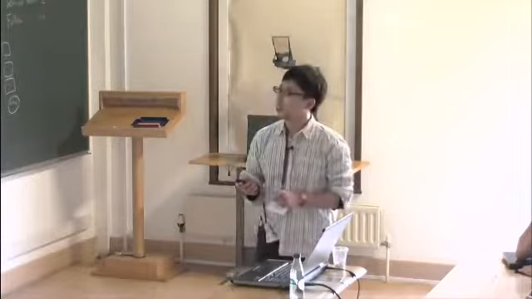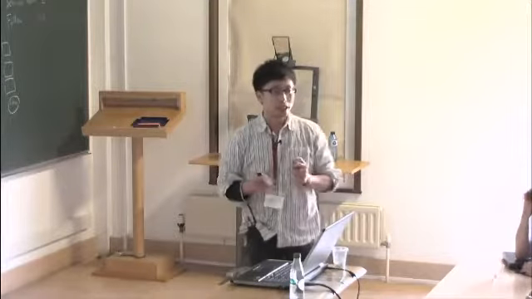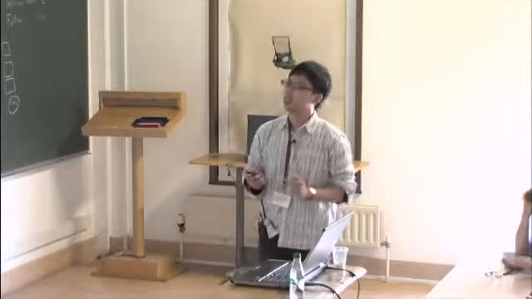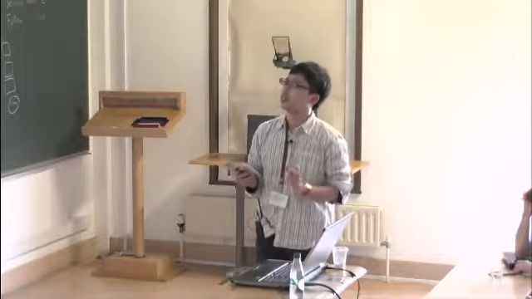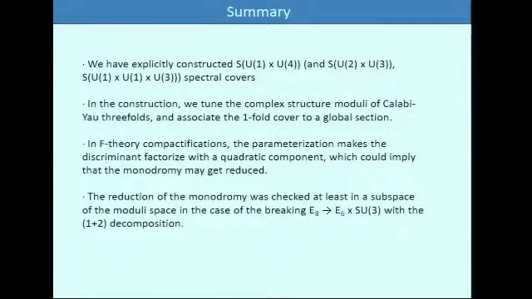So let me summarize. Here we explicitly construct spectral covers of vector bundles whose structure group is S(U1 times U4), and in our paper we also constructed the 2 plus 3 factorization and 1 plus 3 factorization spectral covers.